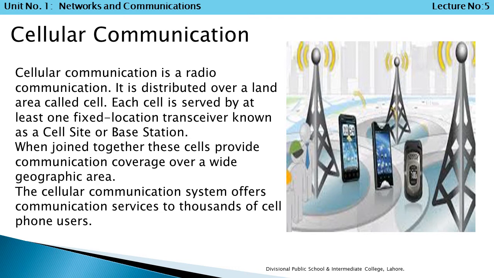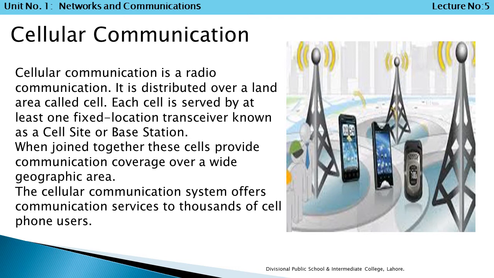A cellular network or mobile network is a communication network where the last link is wireless. These boxes provide the cell with network coverage which can be used for transmission of voice, data, and other types of content.